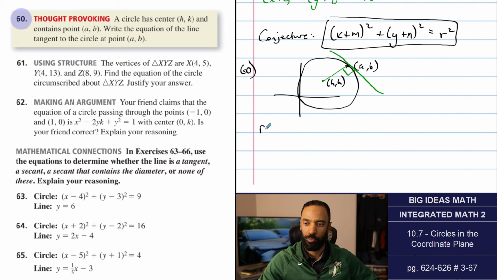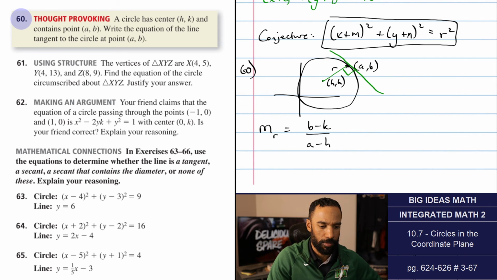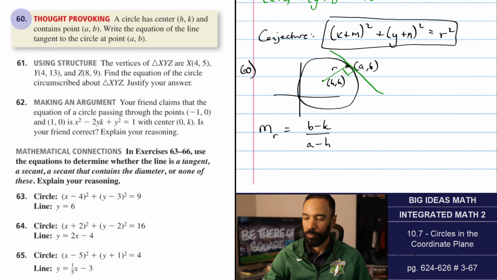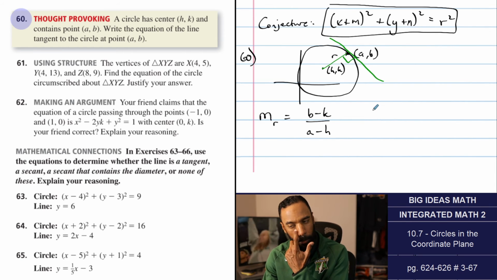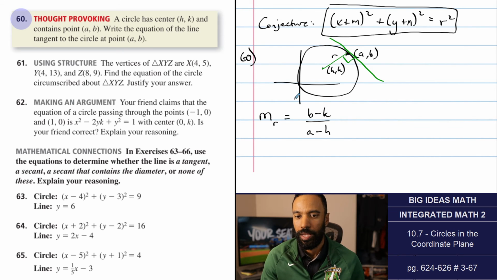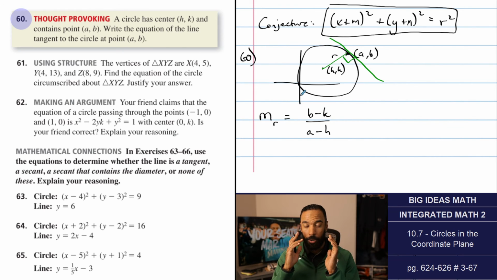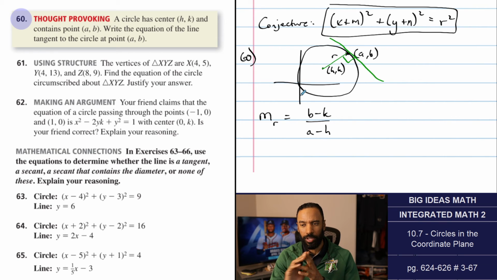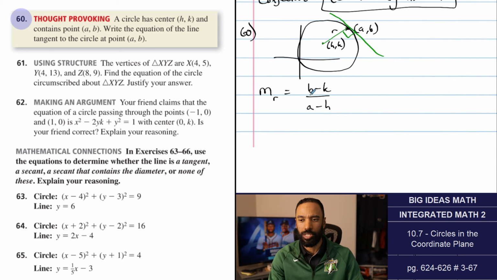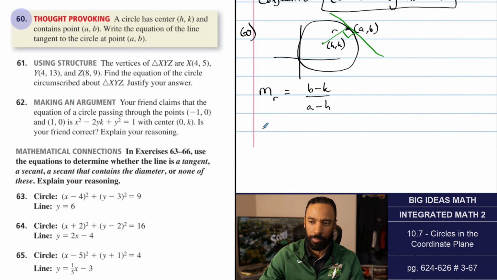So the slope of the radius, if that's R, is going to be y2 minus y1 over x2 minus x1. Give me 1 sec to pause for something here. Okay, so there's that slope of this one. Now, the slope of the line perpendicular to this, we have to take the opposite reciprocal.